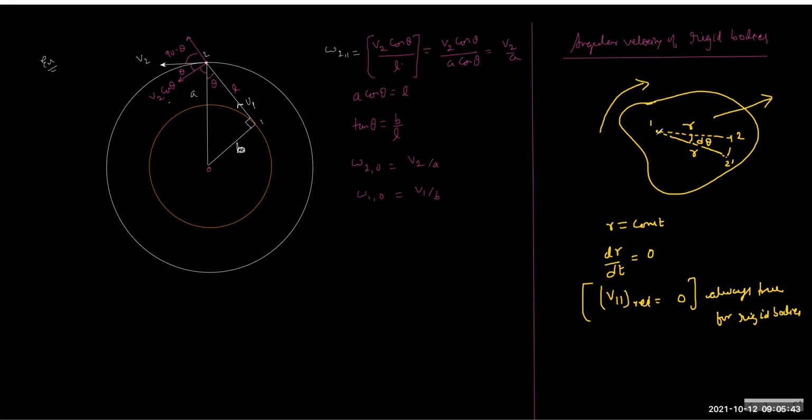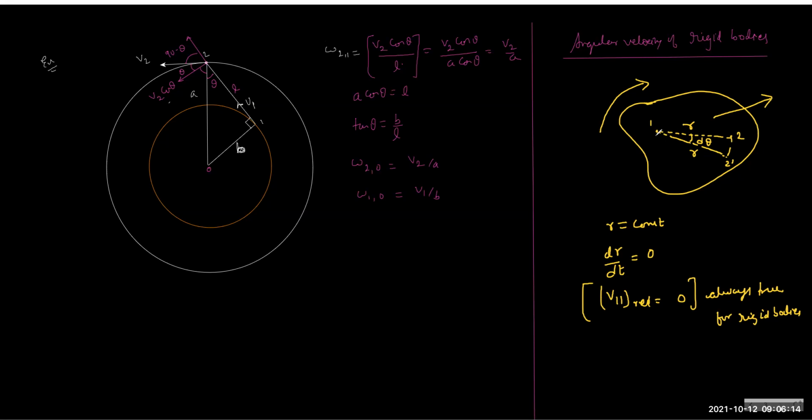Why? Because the R is constant. So wherever 2 goes, the gap cannot change, and therefore if we ignore the body as a whole and just consider any two random points, then if we choose one of them as the observer, the other will perform circular motion only. That is the only possibility.